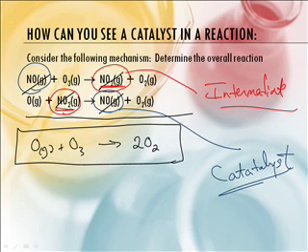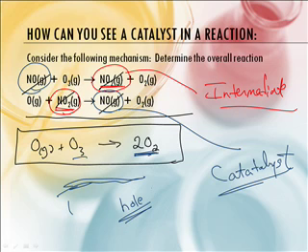Now, side note about this reaction: NO is a pollutant that goes into the atmosphere, and it actually catalyzes the conversion of ozone, O3, into oxygen. That's part of the whole ozone depletion thing. Since it's not consumed, it stays there and it catalyzes another reaction, and another, and another.